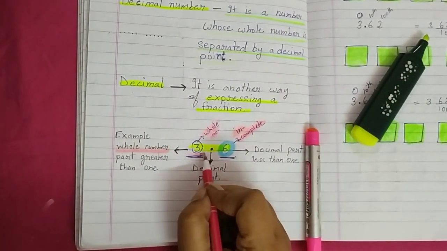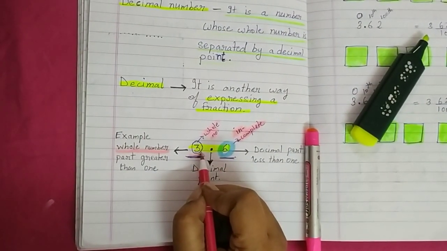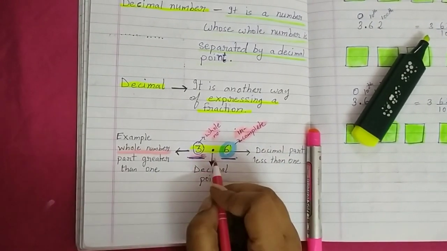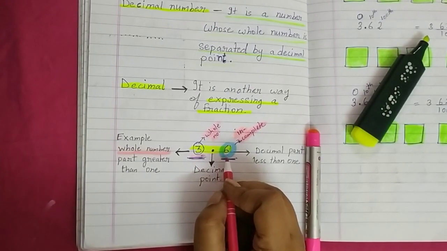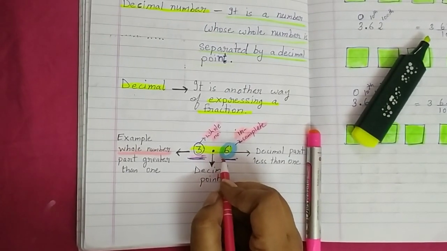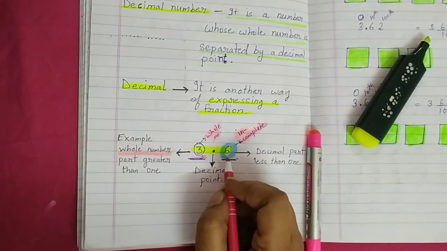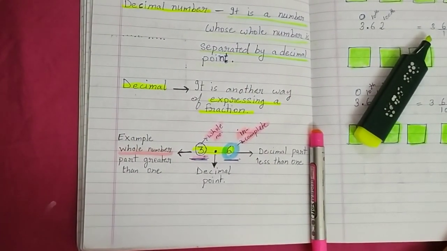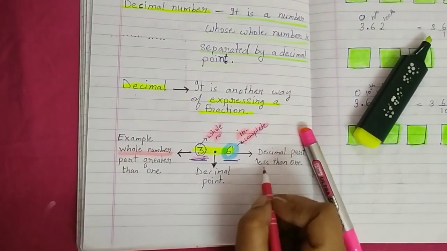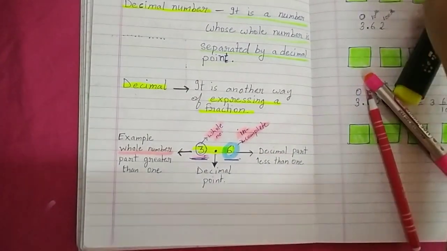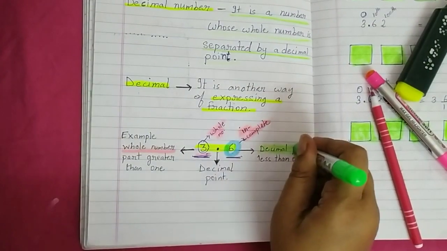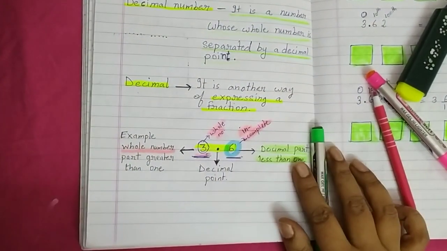Before the decimal point, on the left hand side, the given digits are complete. After the decimal, on the right hand side, the digits are incomplete. That means they are not 1, they are less than 1. So the decimal part is always less than 1.